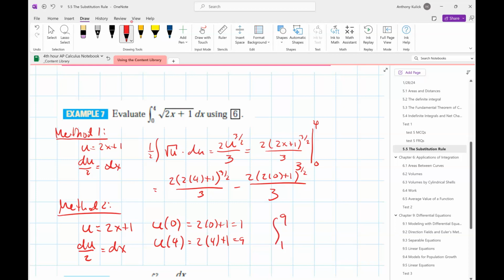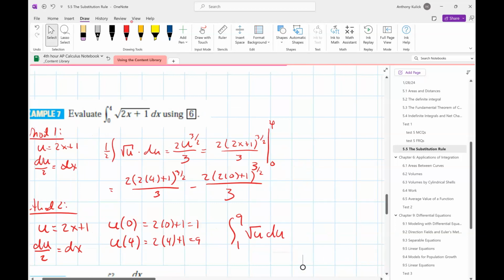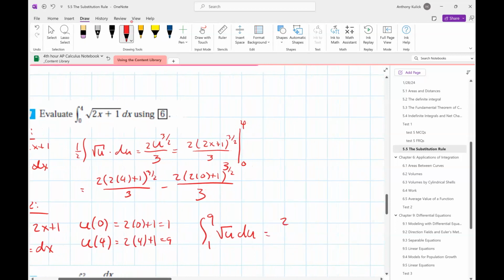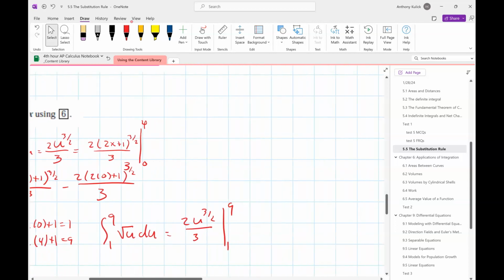And now I'm going to integrate from 1 to 9 square root u du, which gives me 2u to the 3 over 2 over 3, evaluated from 1 to 9.